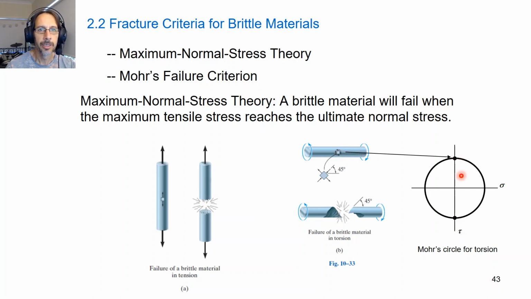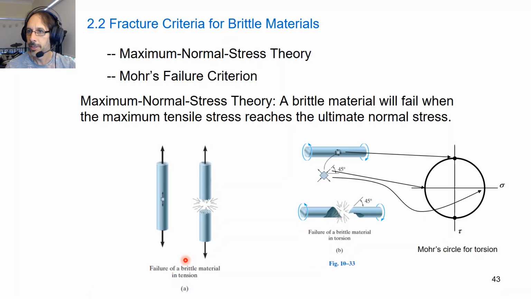So up here, 0 normal stress. Okay, and if we complete Mohr's circle, then down here we have our principal stresses. So this one positive, and this one here negative. Okay, so if we twist in torsion a brittle material, you should see these failures at 45 degrees.